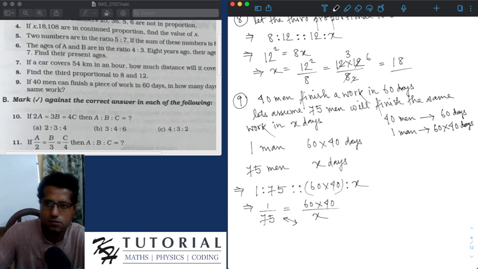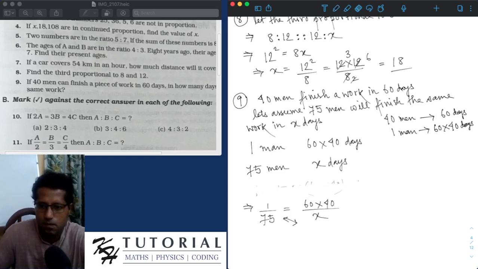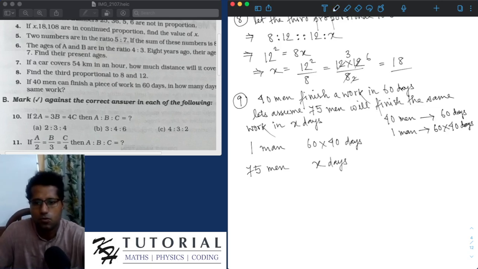This is wrong. No, this is wrong. We have assumed that the 75 men will complete the same job in X days.